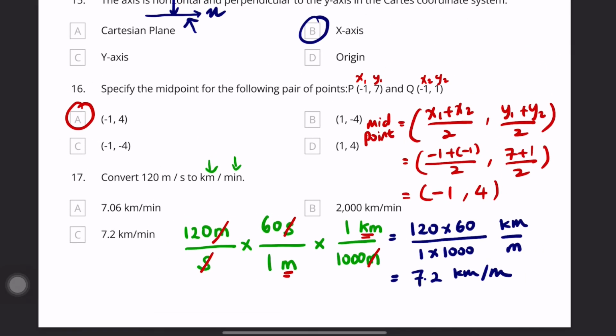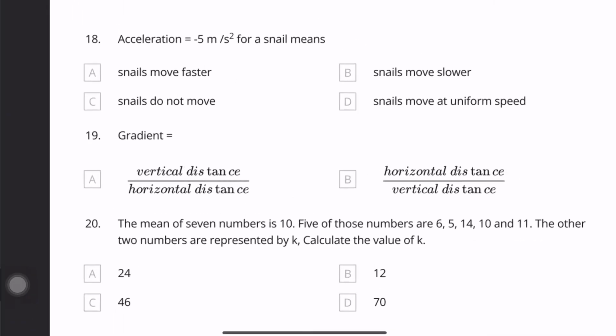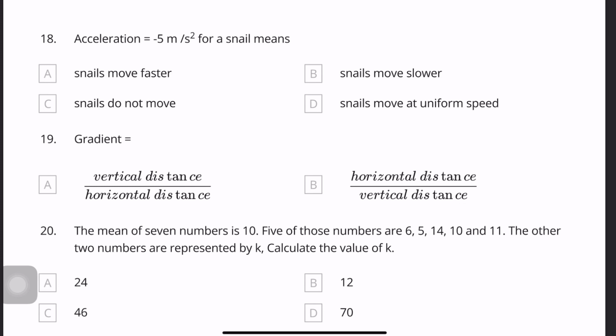So your answer is C. Okay, easy, right? Next, number 18, acceleration is equal to negative 5 meter per second square for a snail means, if you have negative acceleration, it means the snail moves slower. Okay, B.